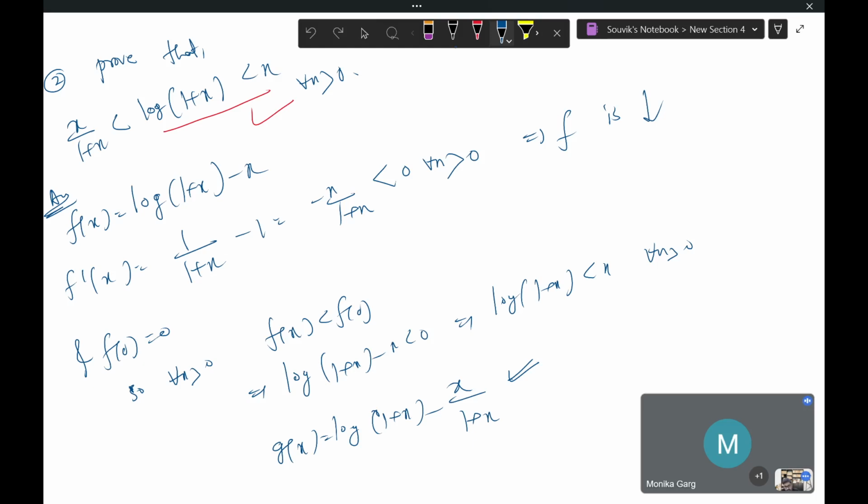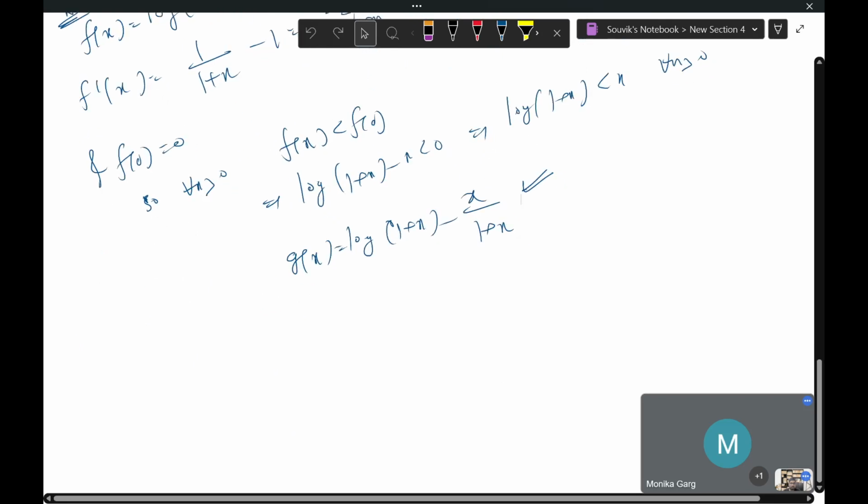It's an increasing function. Yeah, right. So let me write down the solution.